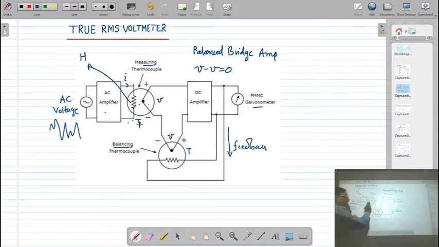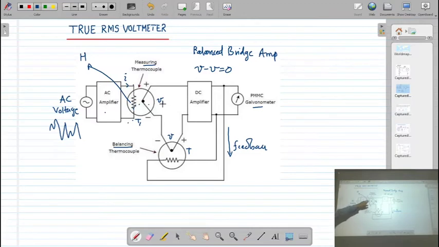So due to this change in temperature, the EMF produced in this measuring thermocouple is now, instead of V, V1. Try to understand that when we apply the AC signal, it is amplified. Due to this amplified signal, there will be a flow of current in the resistance.